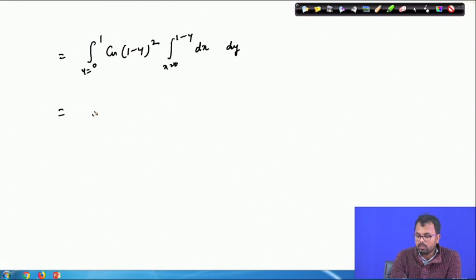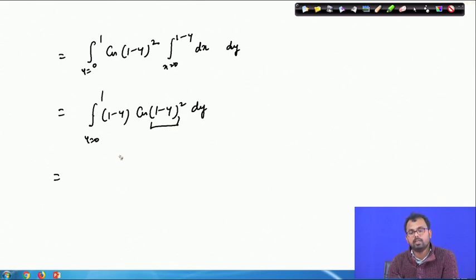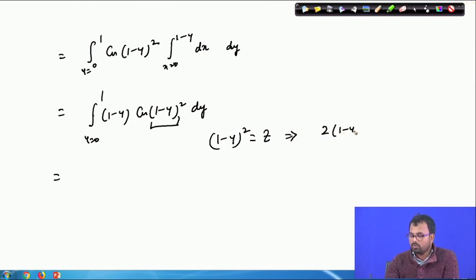So this will be 1 minus y times cos of 1 minus y whole square dy, y running from 0 to 1. Now we can substitute 1 minus y square equals z. Then 2 times 1 minus y dy equals minus dz.